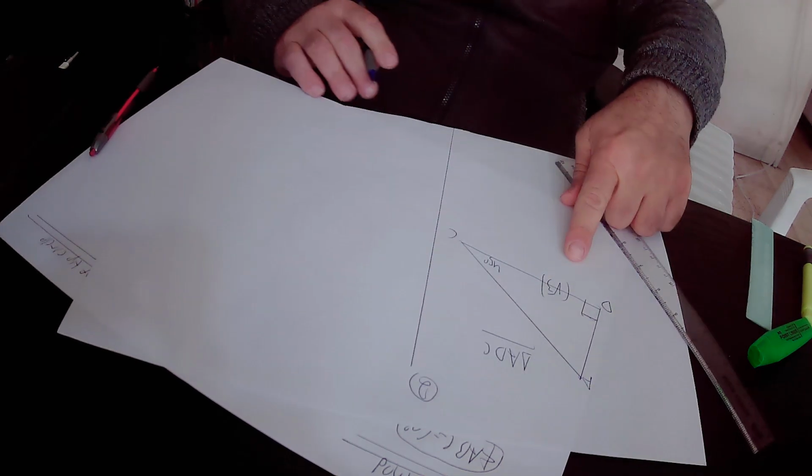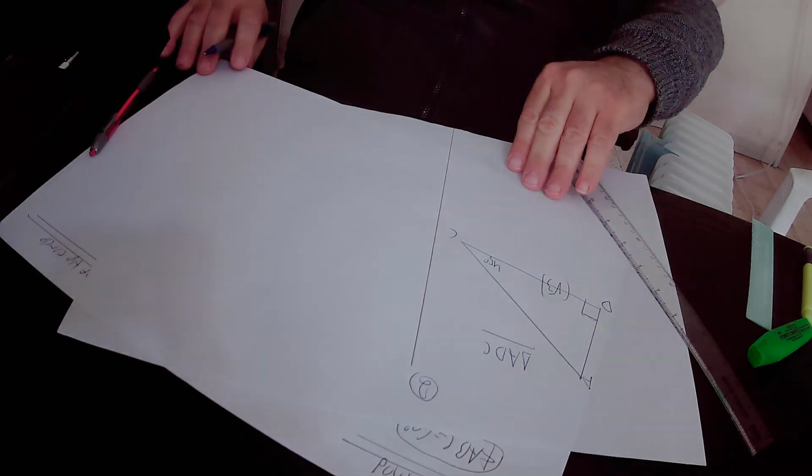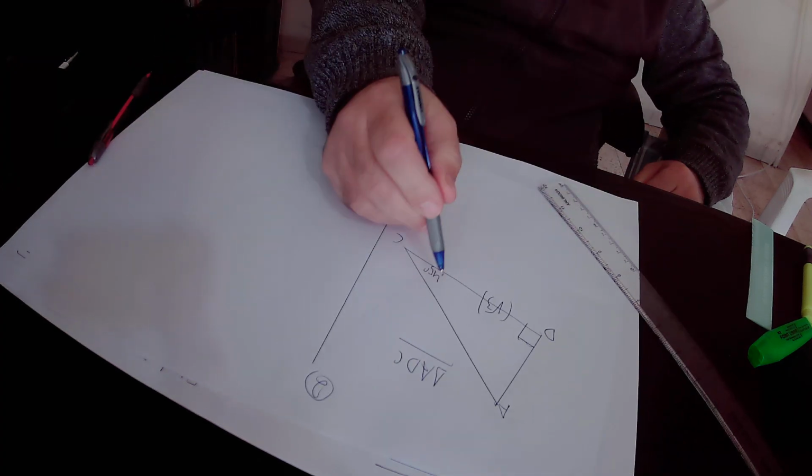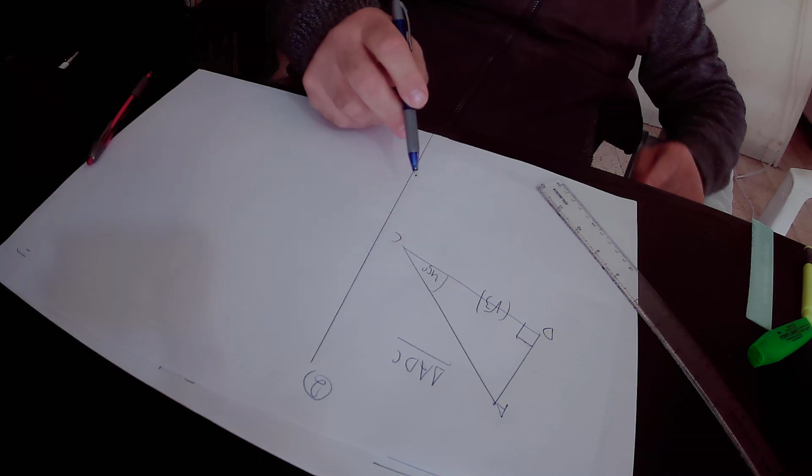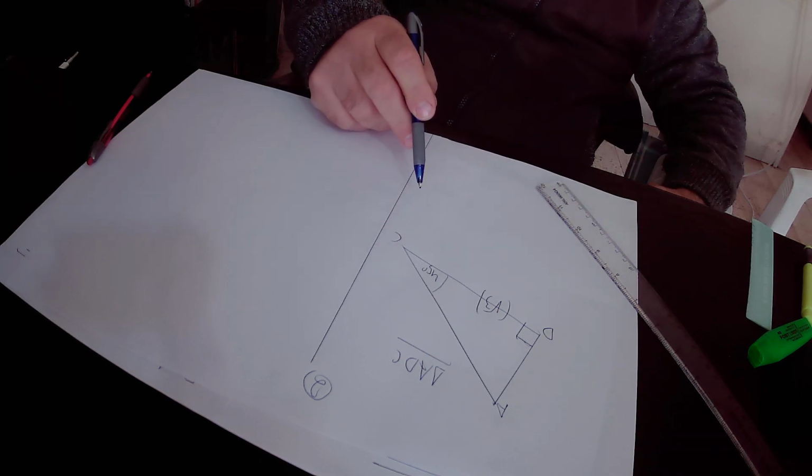So actually this is the right triangle ADC that I copied from the original drawing. Angle ACD equals 45 degrees. Side DC equals the square root of 3 units in its length.